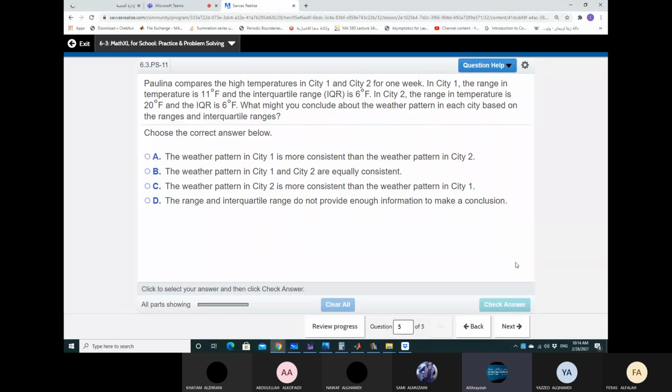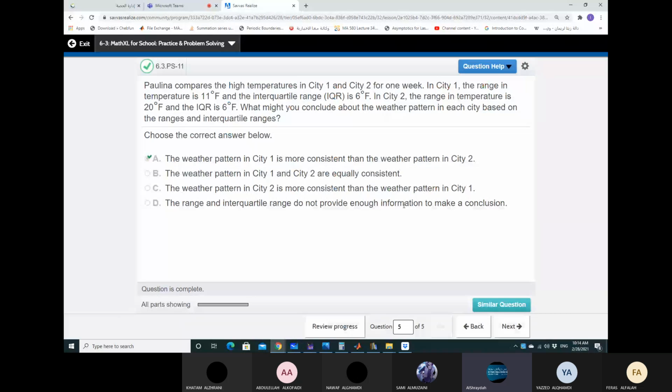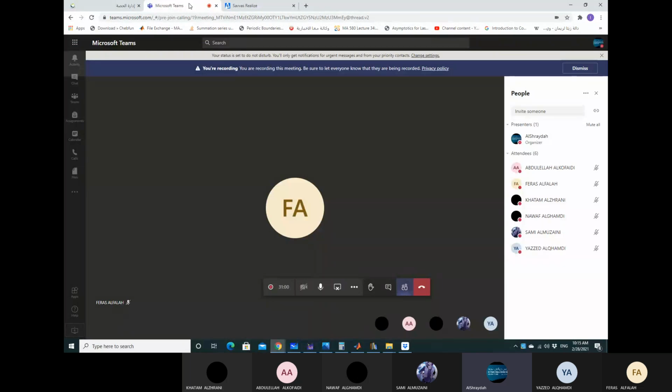Here, the differences between the ranges and the interquartile range in city 1 is less than. Okay, so we can say the weather pattern in city 1 is more consistent than the weather pattern in city 2. So this is the way you have to check. If you do not understand, you can view an example here.